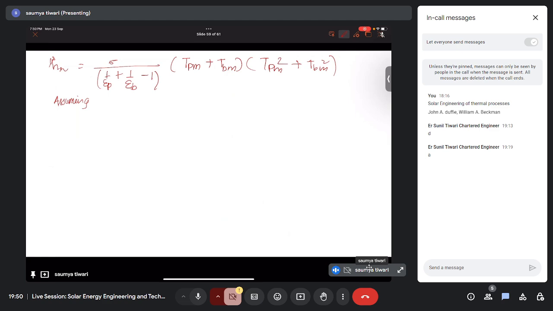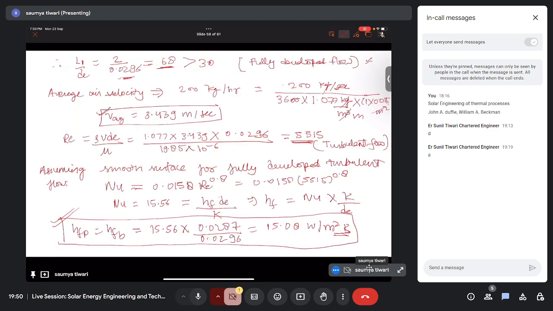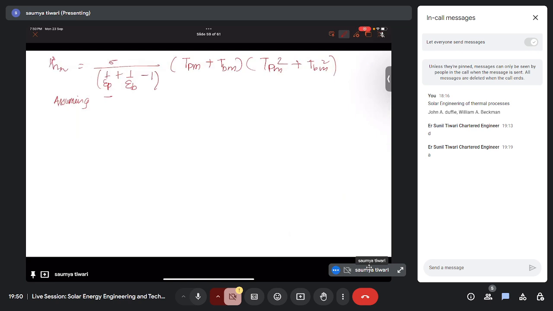So we are assuming that TPM, the plate mean temperature, and the bottom plate mean temperature are equal, and equal to the fluid mean temperature.